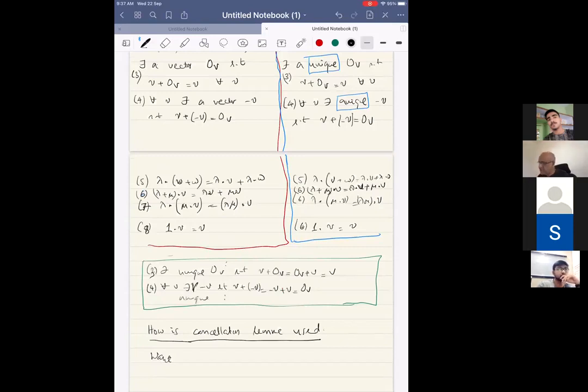So the difference is that in the blue definition, I don't have this part. I don't have this part, and I don't have this part. Srimati, do you see that?